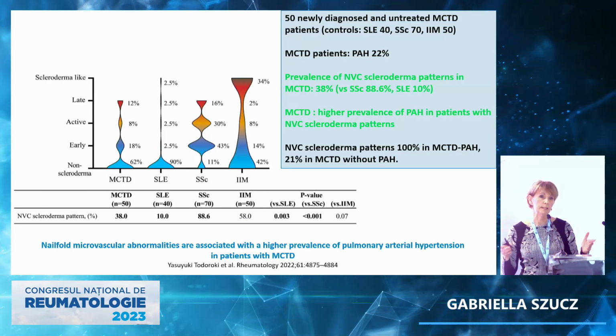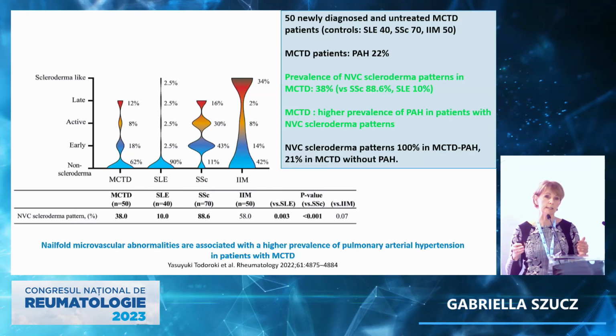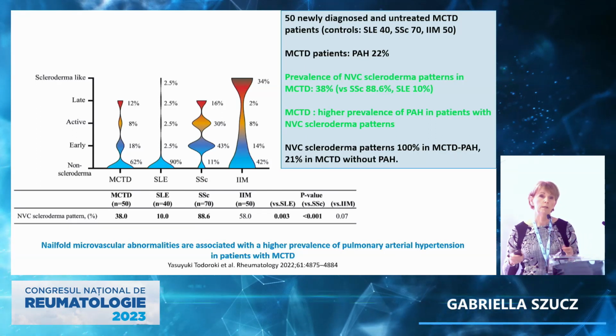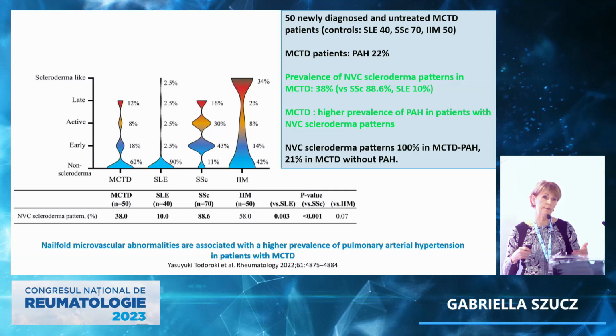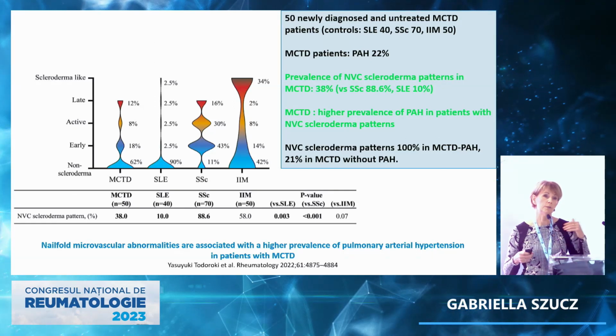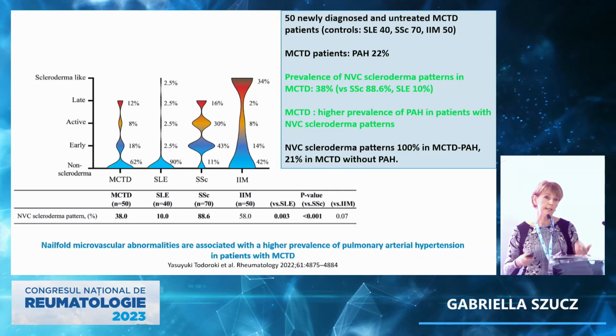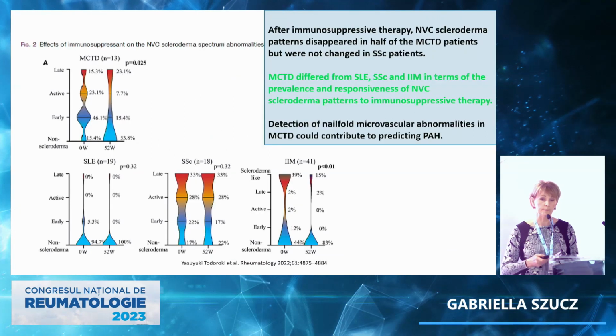So if we see a patient with MCTD with a scleroderma pattern, we have to evaluate these patients for PAH development.